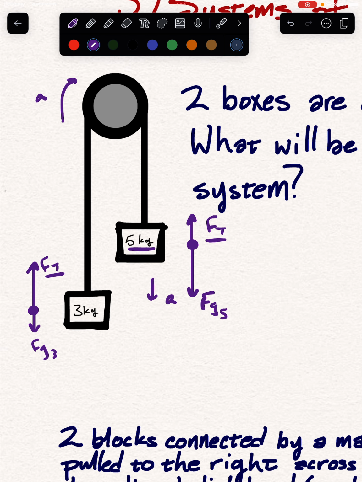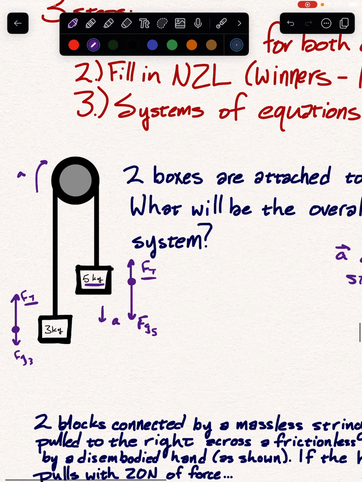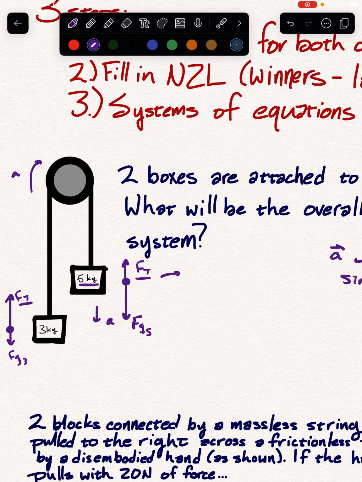So now that I have my diagrams, let's write out the Newton's second law equation for each. We're going to get the force of gravity for the 5 kilogram block minus the force of tension is equal to the mass of the 5 kilogram block times the acceleration.